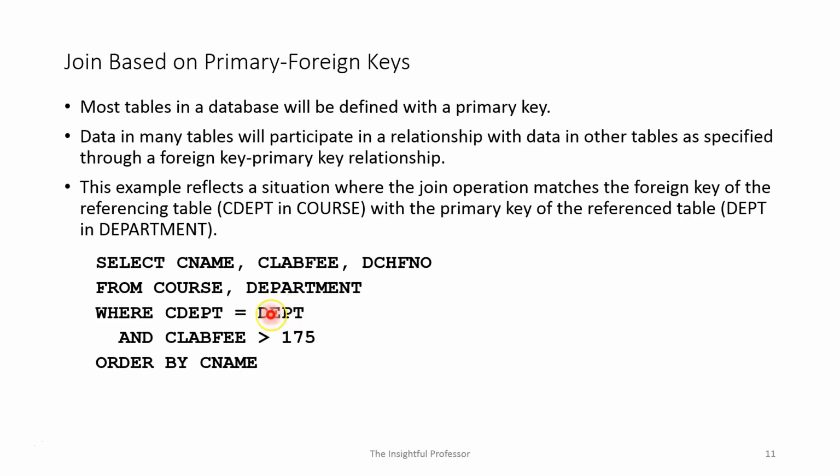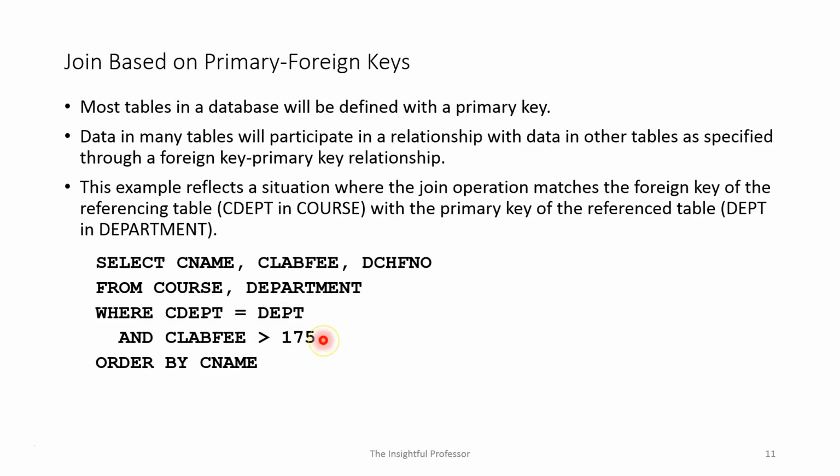So we take the primary key of one of the tables, and we look for something being equal in the foreign key of the child table. And this will give us rows that kind of make sense. For any given department, we're going to get a list of the courses that are sponsored by that department by exploiting this relationship that is known to the database.